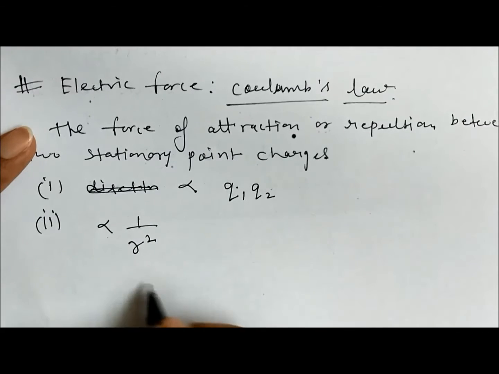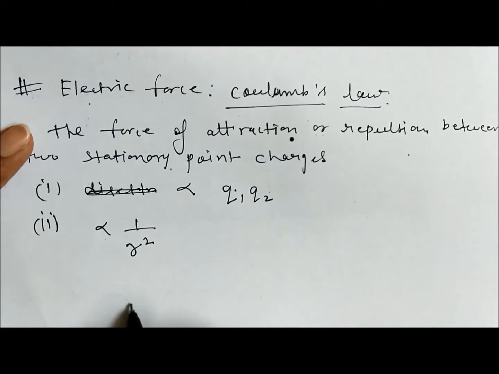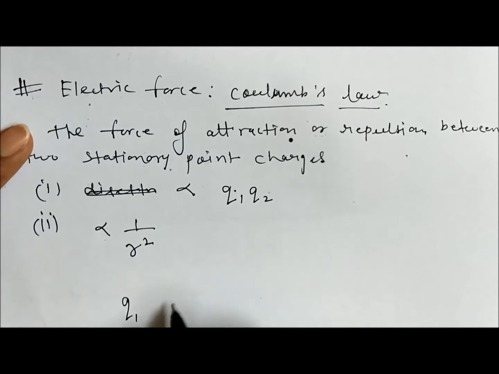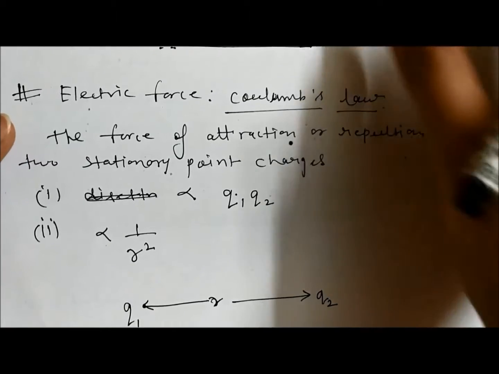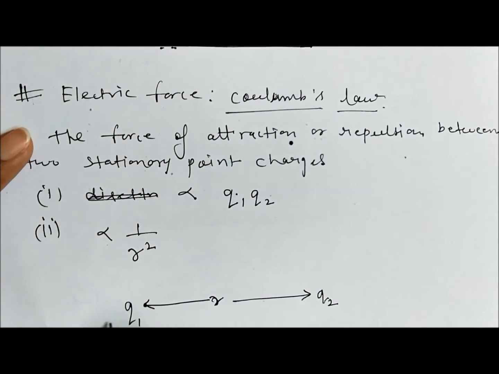Suppose that there are two charges, one is Q1 and another is Q2, and the distance between them is R. As we know that when charges are both positive, they will repel each other.